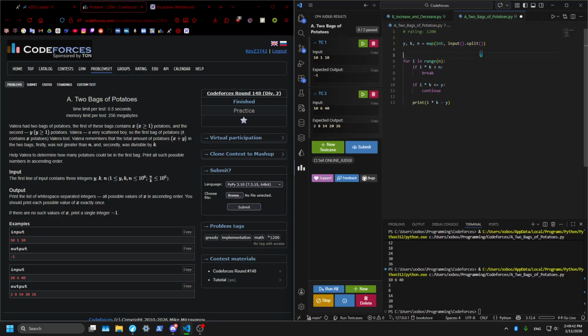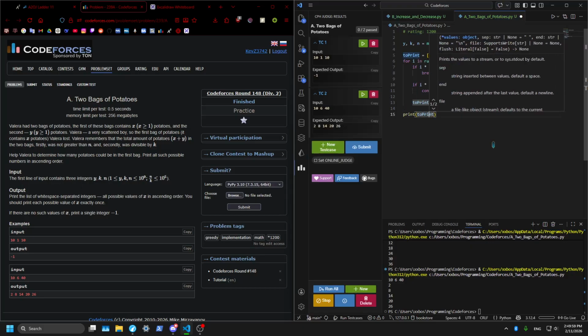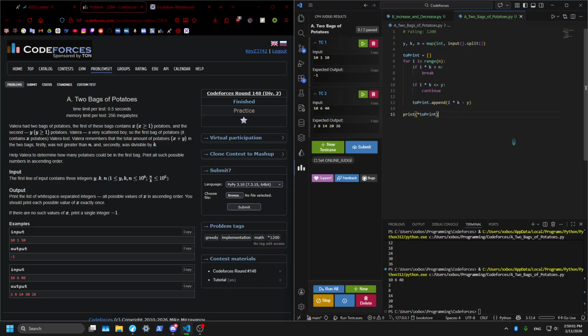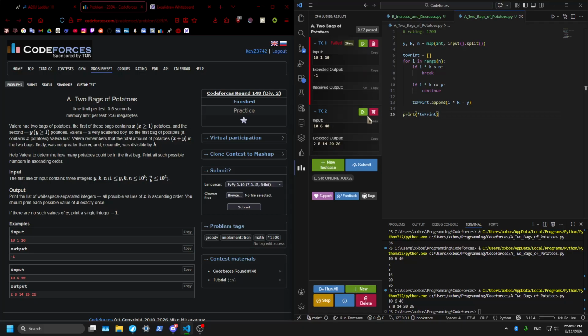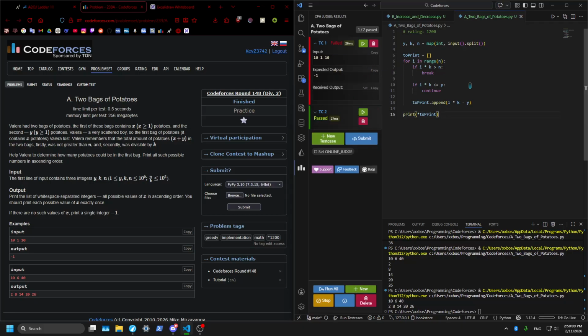We can also do it like to_print equals empty array, to_print dot append, and then print star to_print. There we go.